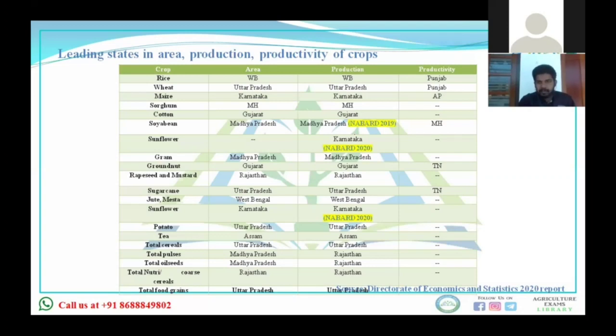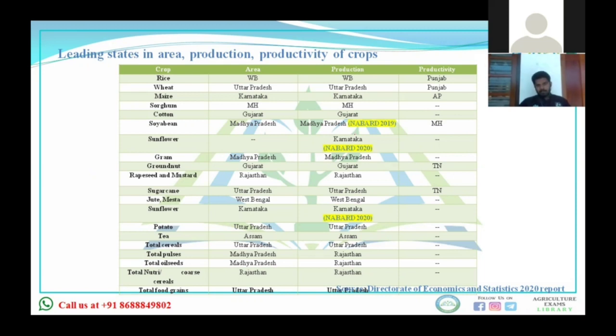Again, if you see the leading states in area, production, and productivity of the crops, the detail is already here, but if you want more detail, it will be updated by the mid of December.